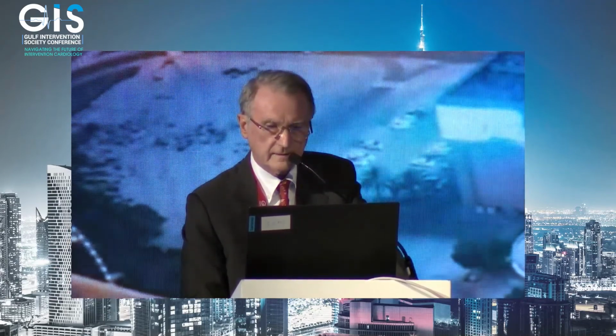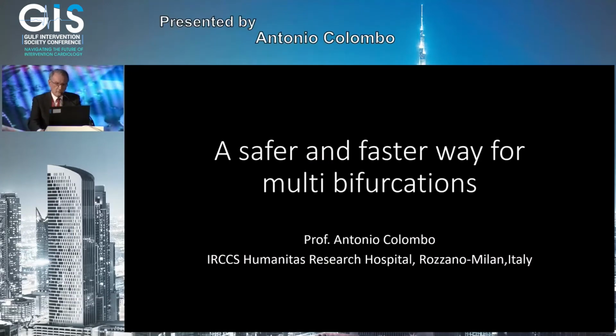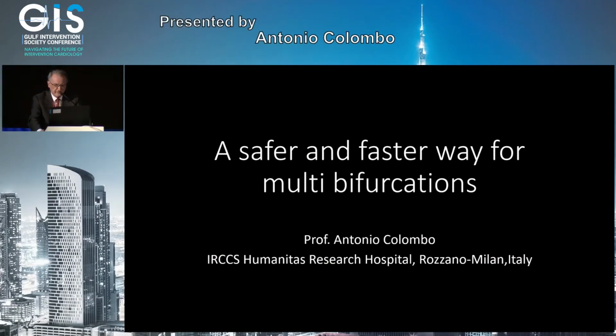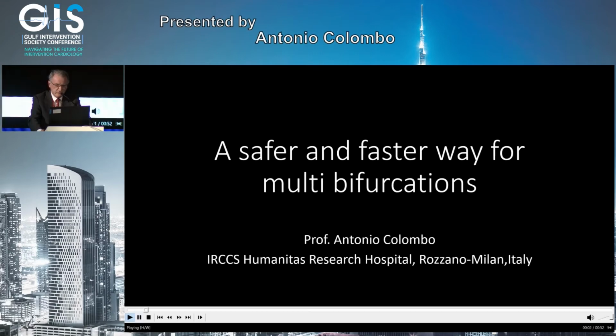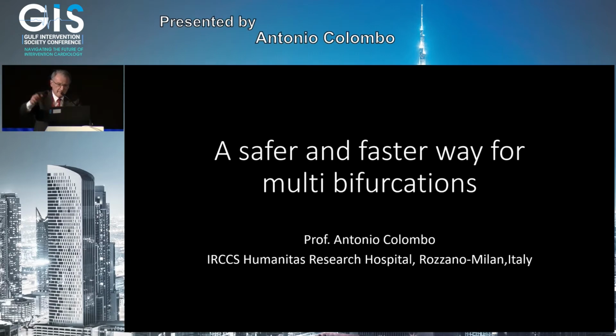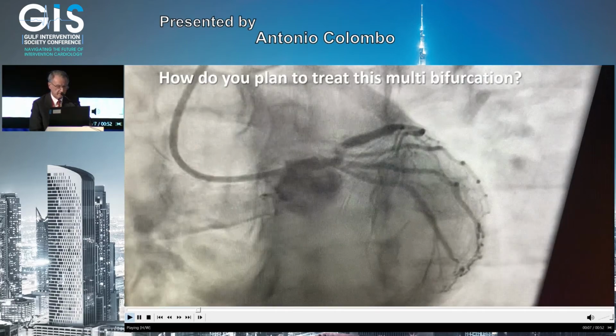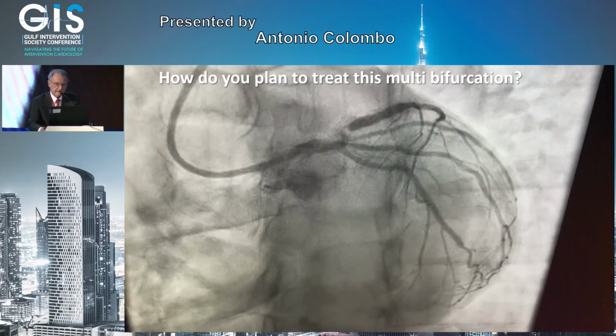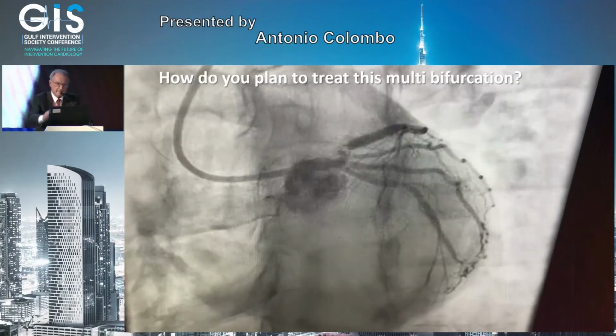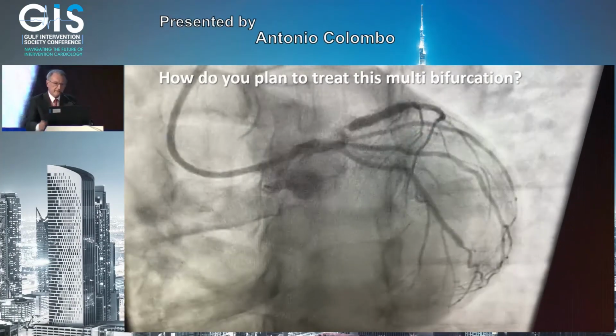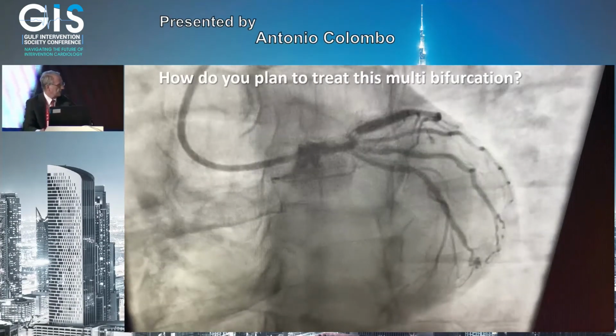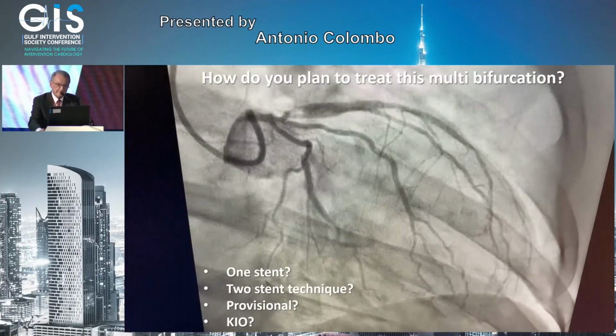Okay, so this is a complex bifurcation. We didn't measure; it will come, it's like a movie. You see the left main with an old stent in the proximal LAD and the quadrifurcation of the left main.